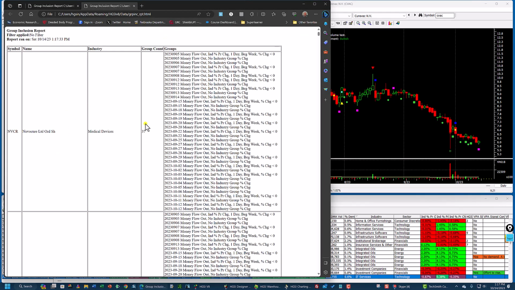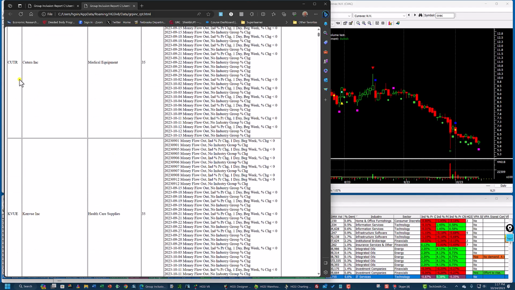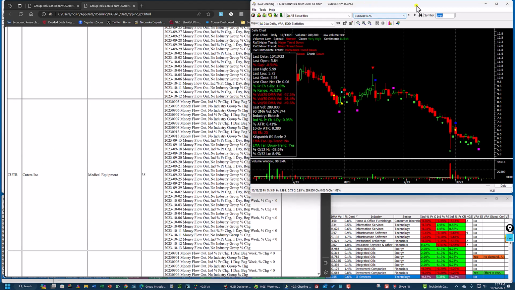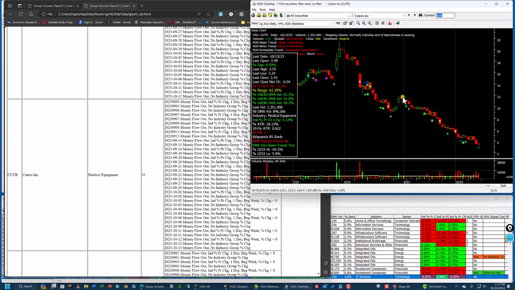Okay, now we have NovaCare medical devices. This is money flow out, as you can see. Here's that Cutera. This goes clear back to September 5th. I'll put that in here right now. And you can see here September. Here's September 5th right here.